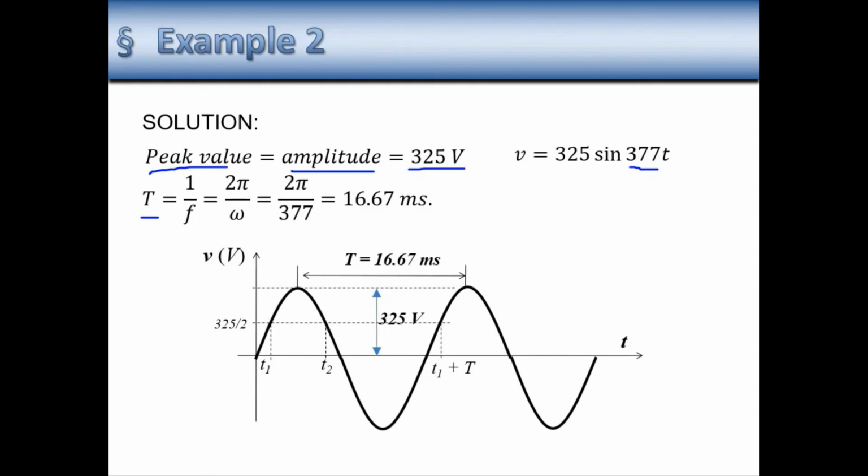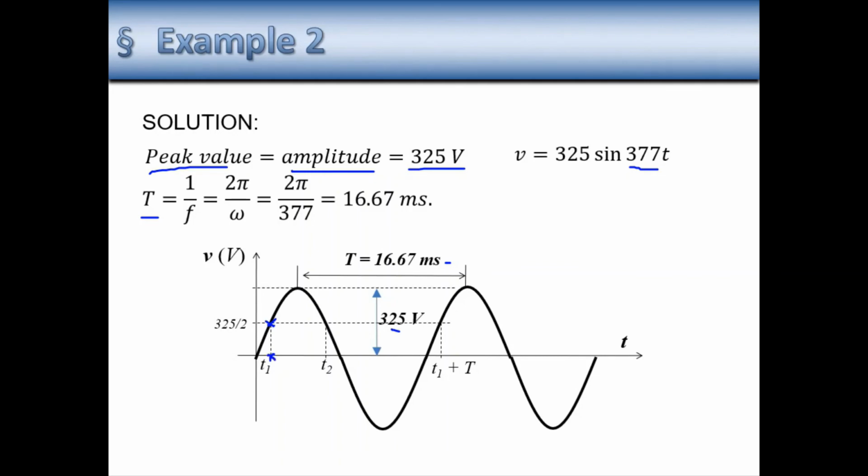Now we have here the amplitude, the period, and let's assume that this point here is about half of the peak value of 325. So we need to know what is t sub 1 here, and that would be the answer.